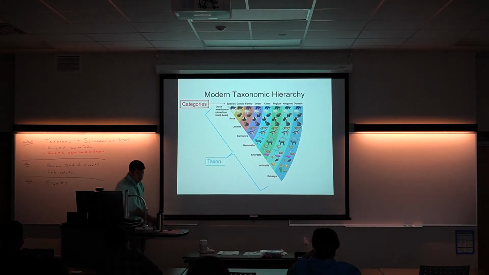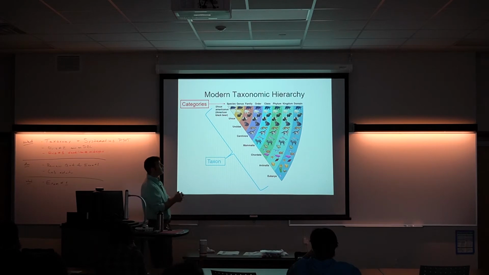There are some questions in the quiz that want you to be able to distinguish the categories from organisms that you would find within those categories. The example organisms that you would find within these categories are called taxa. Here is a collection of a bunch of taxa.